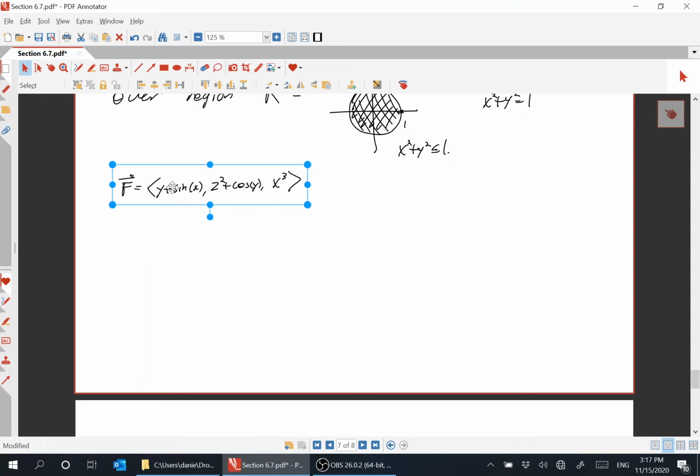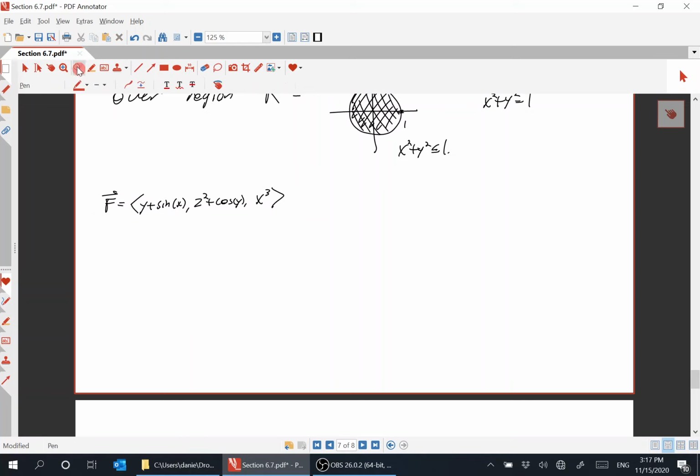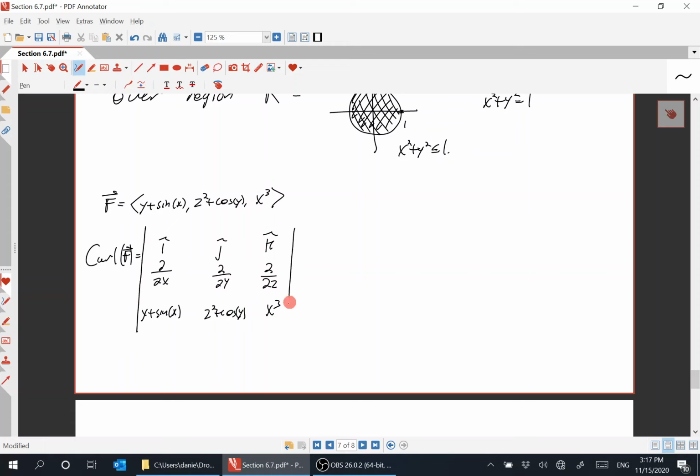Now we need the curl of F, and hopefully that'll simplify. So i, j, k, partial x, partial y, partial z, of y plus sine x, z squared plus cosine y, x to the third. In the i component, it's 0 to 2z.